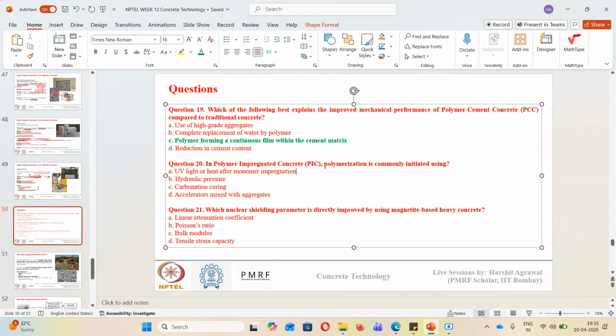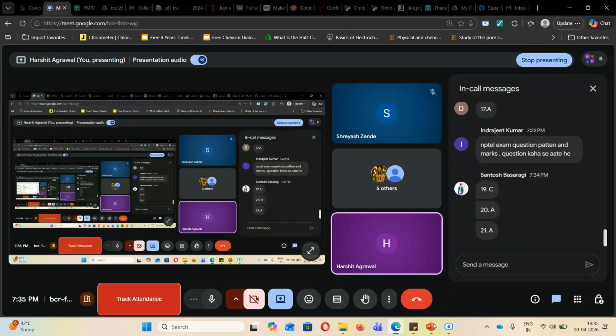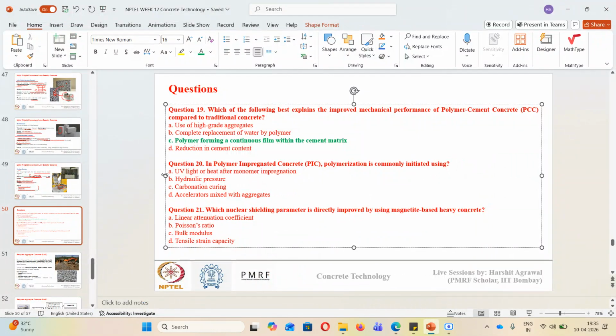So how do we do that polymerization? Yes, the correct answer is A, using UV light or using heat.